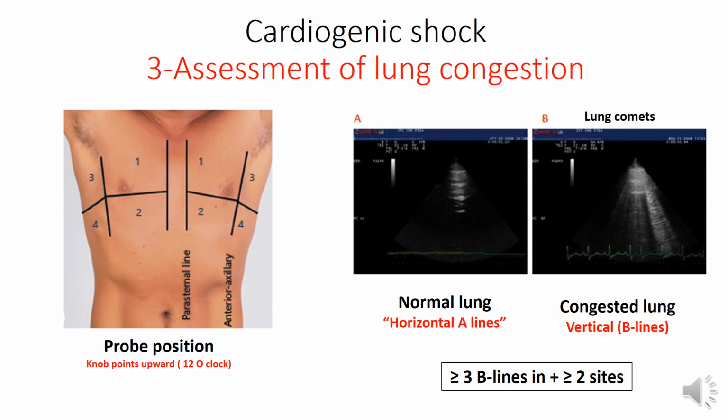What is the cutoff point for B lines to assume this lung is congested? The required cutoff point is 3 or more B lines in each view, seen in at least 2 or more sites.